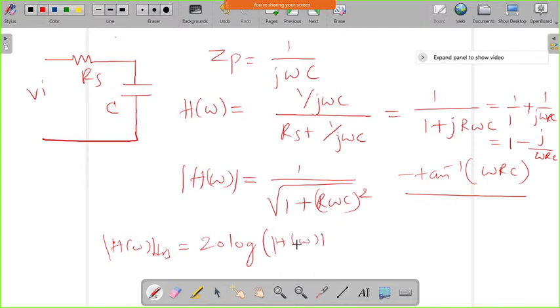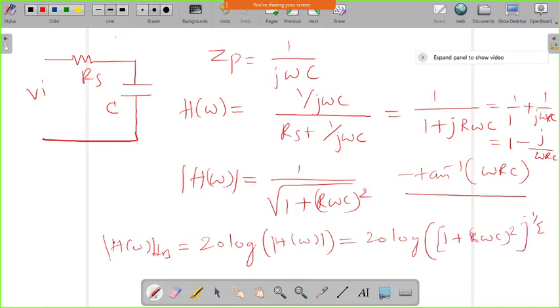So that is 20 log of 1 plus R omega C whole squared, whole power minus half.